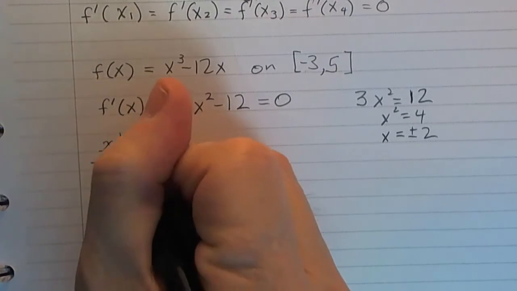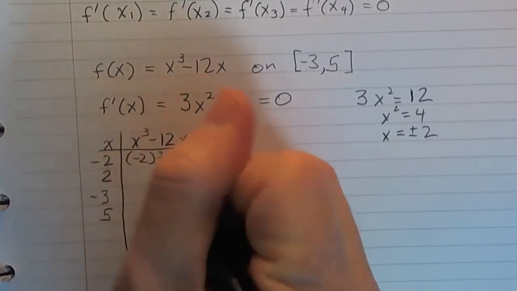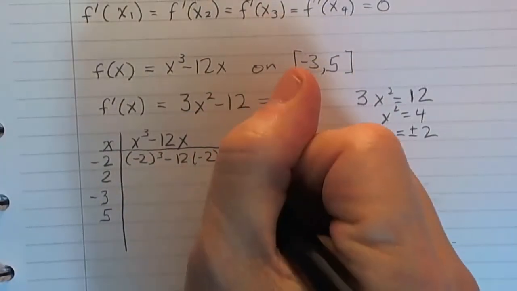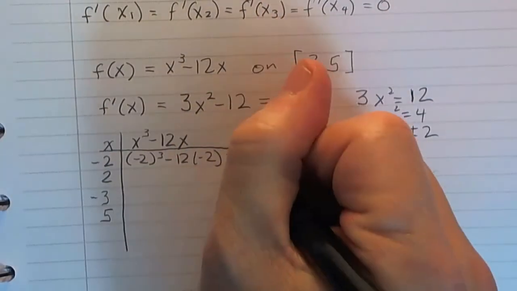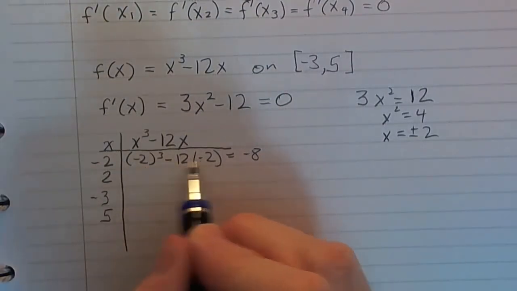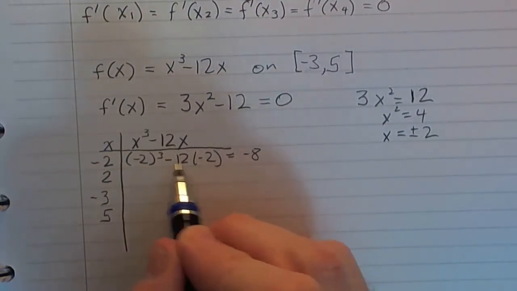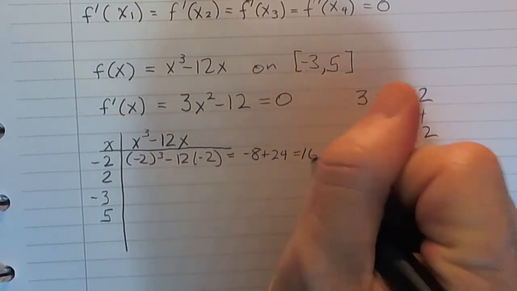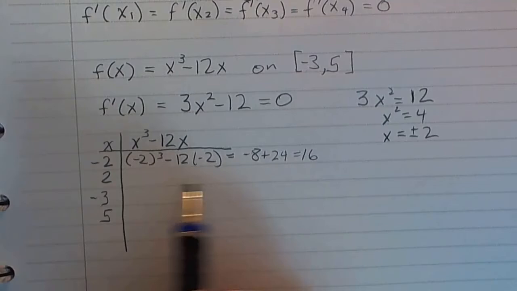So here we go. We've got negative 2 cubed minus 12 times negative 2. That's going to be negative 8, and a minus times a negative is a plus 24. So that's going to be 16. I just take note of that.